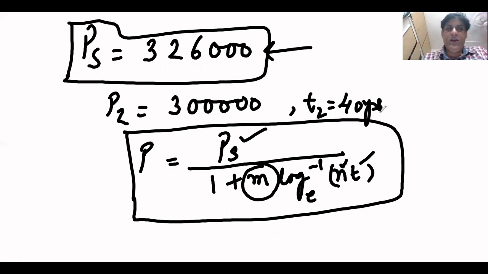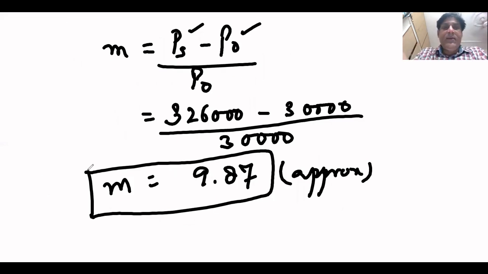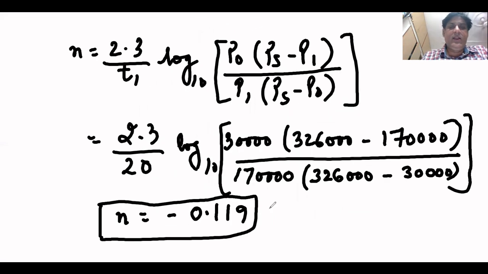Now we need to find the equation of the logistic curve, right? We calculated M as (PS minus P0) by P0 and it was approximately 9.87. We calculated N and the value of N was minus 0.119.